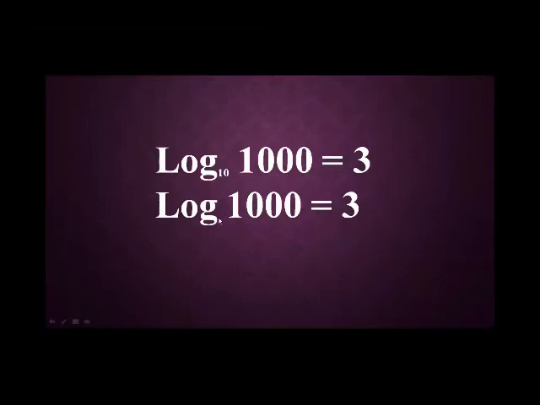When there is no base mentioned here, we know that it is 10, because in a common logarithm the base is 10, and both are the same. Log with no base of 1000 is equal to 3, so we know its base is already 10.